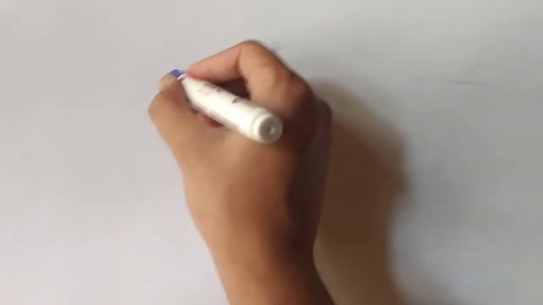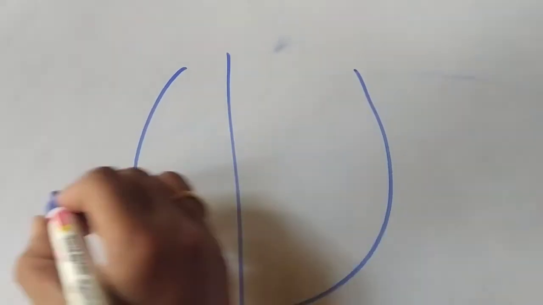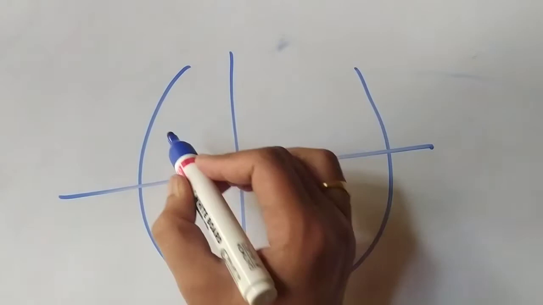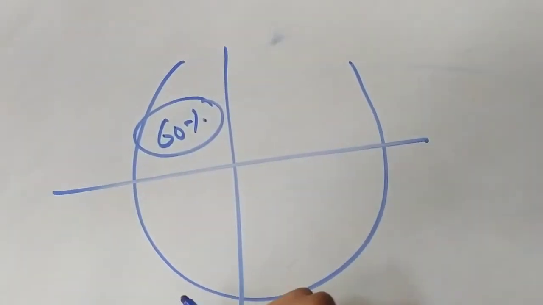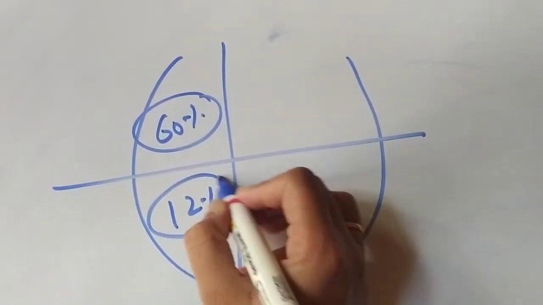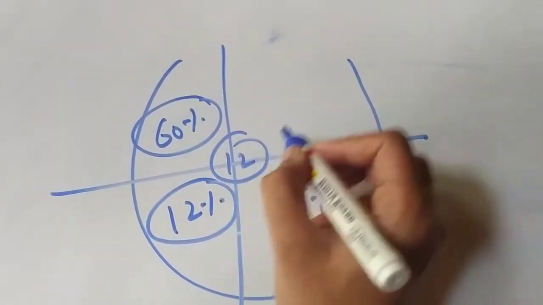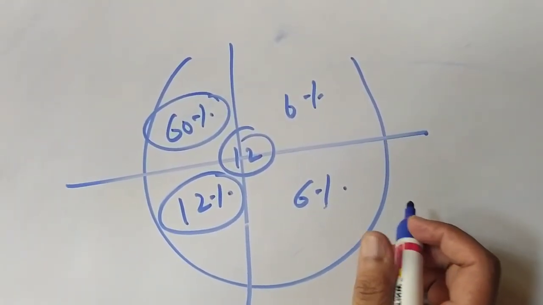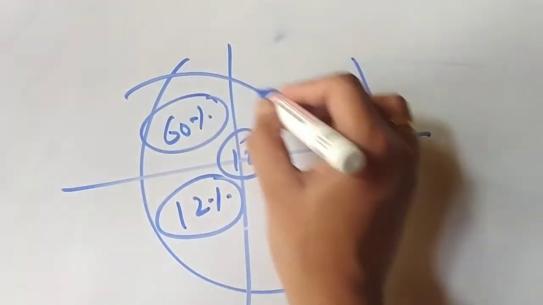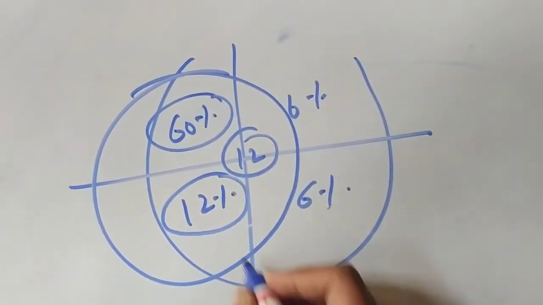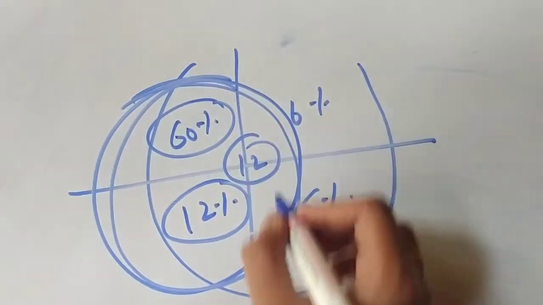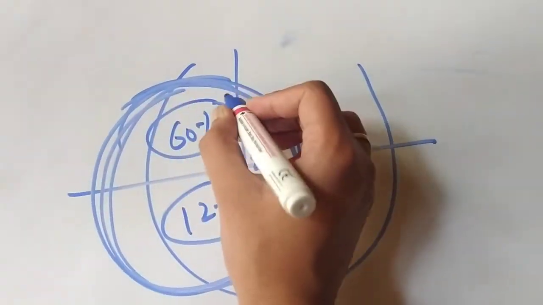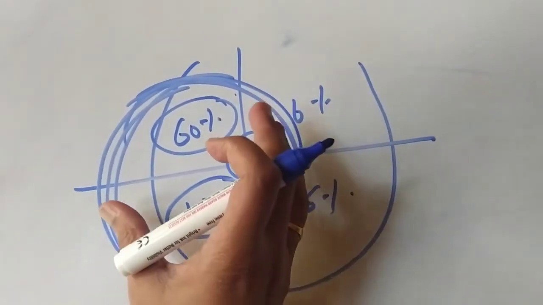In the breast, we have divided the breast into 4 quadrants, and I have already told you that 60% of the breast tissue lies in this quadrant, 12% in this, 6% in this, 12% here and 6% here. So in this way you can easily appreciate that the bulk of the breast tissue is present in this region.